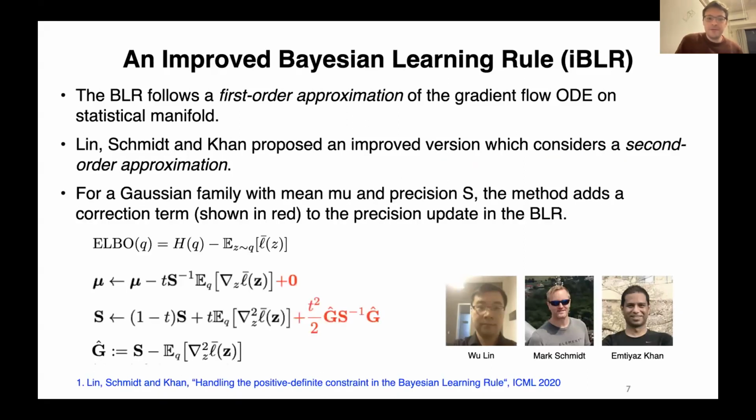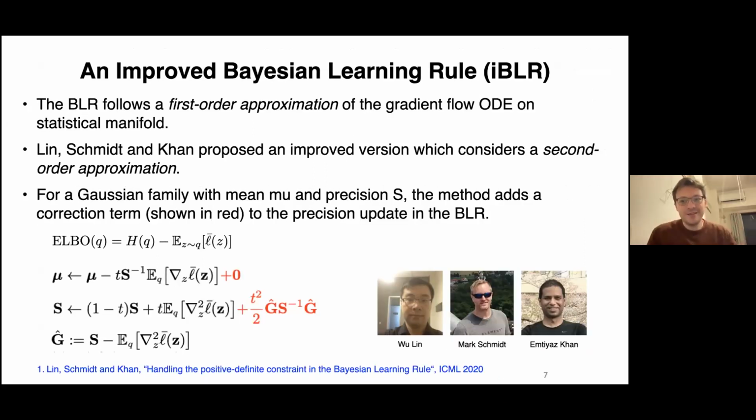And for a Gaussian family with mean mu and precision S, I've shown the equations here. Maybe they're not too important to really understand, but one has to add, shown in red, a second order correction term to the Bayesian learning rule, which has certain advantages, which here for the Gaussian distribution ensure that the precision matrix stays positive definite.